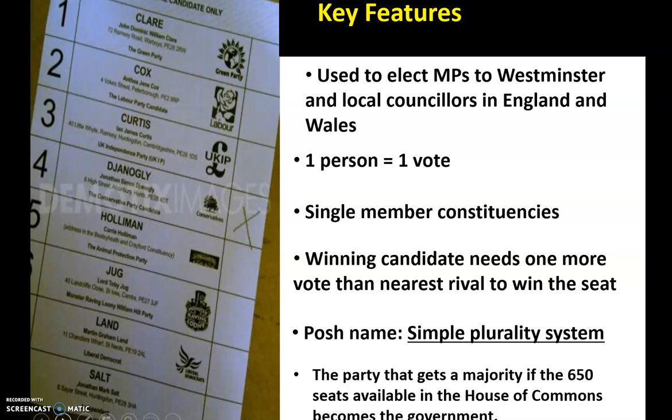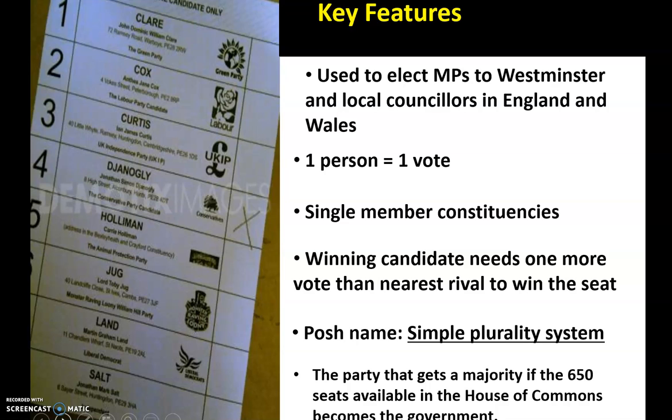It's got a very posh name, this voting system. Its official name is the Simple Plurality System. As I said before, the country is split into 650, and whichever party gets a majority of 650, i.e. 650 divided by 2 plus 1, becomes the government.